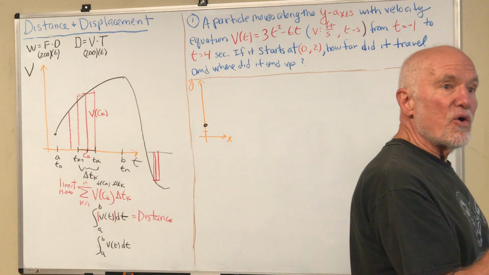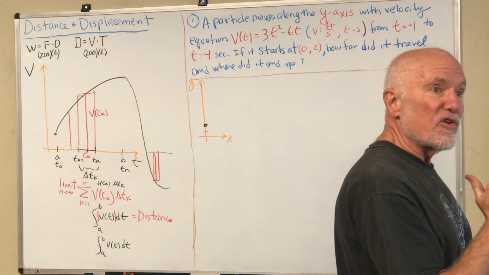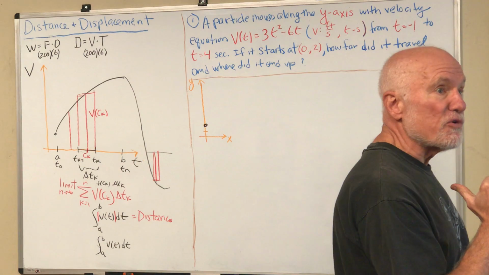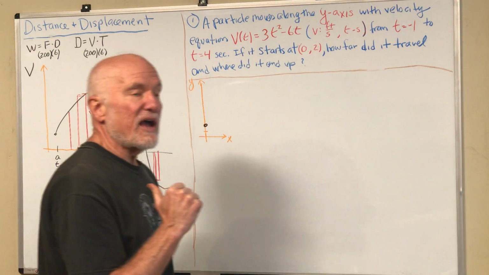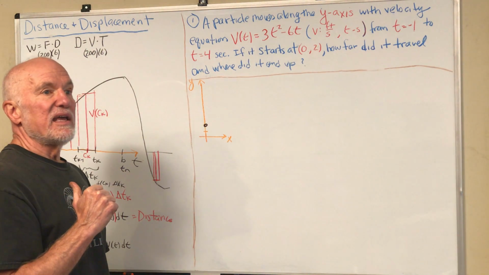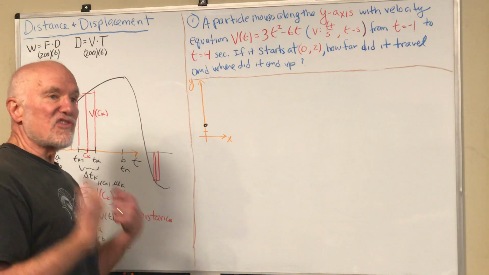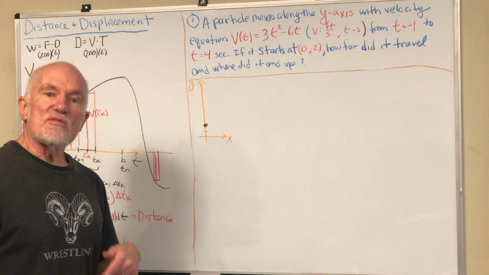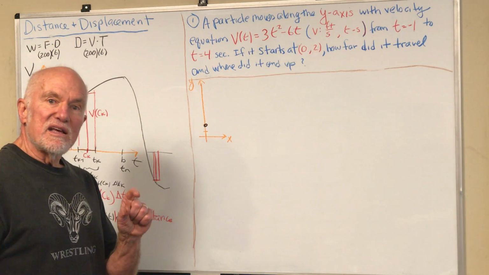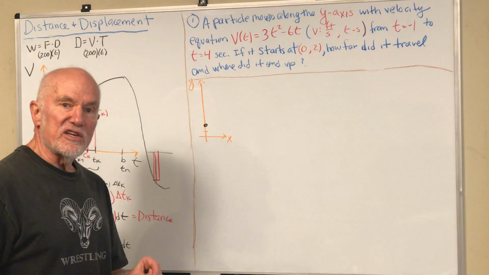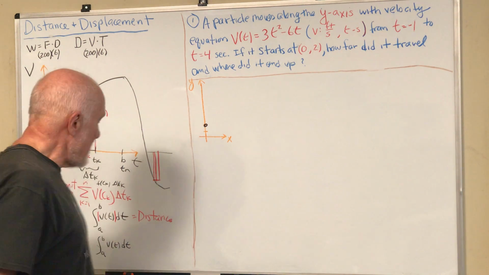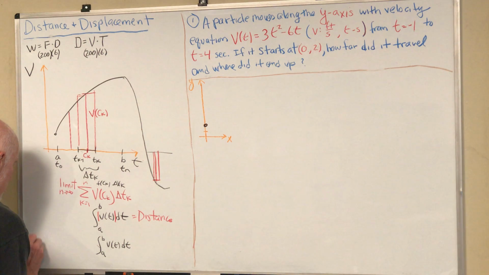But if then I go a negative 200 so that I'm losing position for 3 hours, I end up back where I started from. So I ended up in the same place. What I would say is my displacement, my change in position was 0. And sometimes you really want to find your change in position.